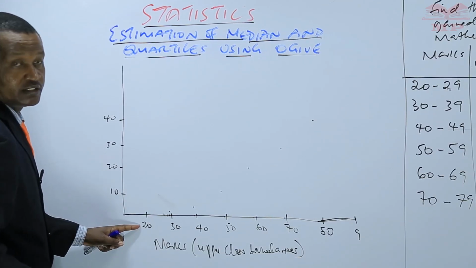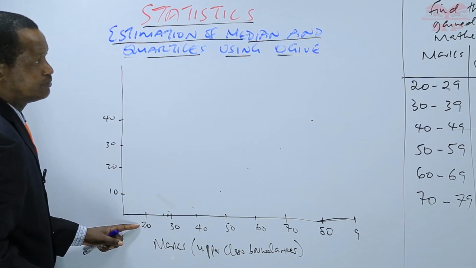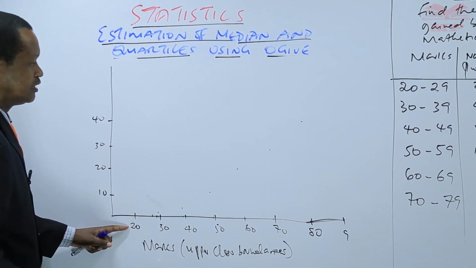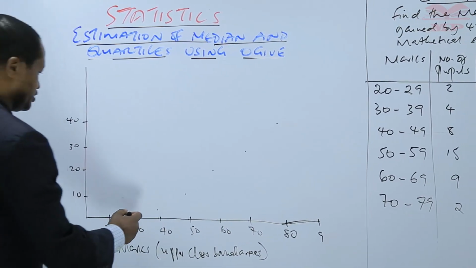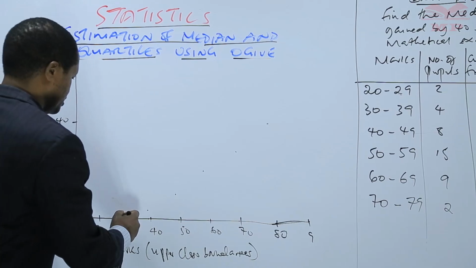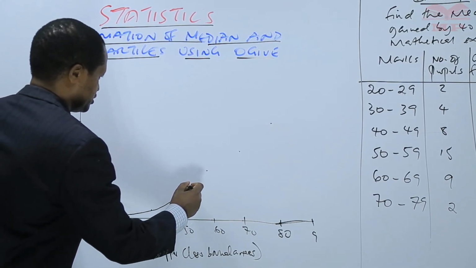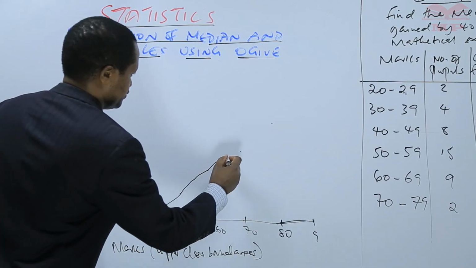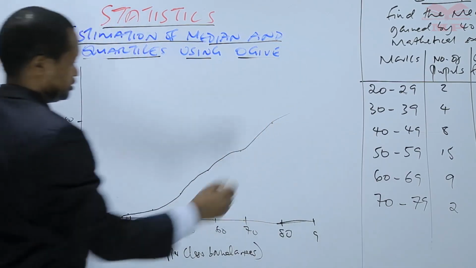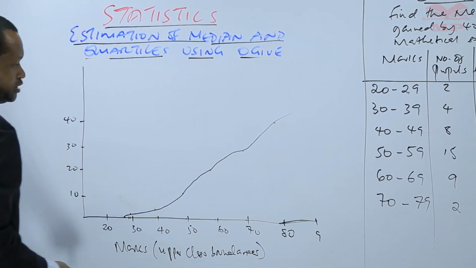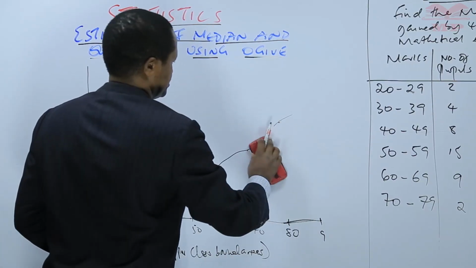I've plotted upper class boundaries against number of pupils. So let me have a smooth curve. That's a smooth curve. Can do better than that.